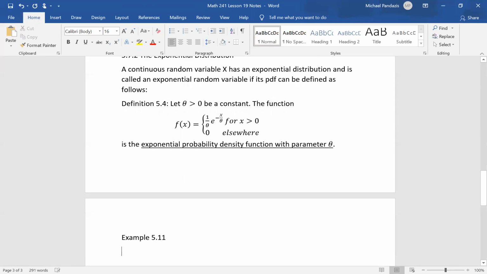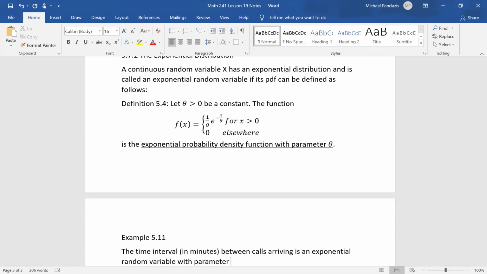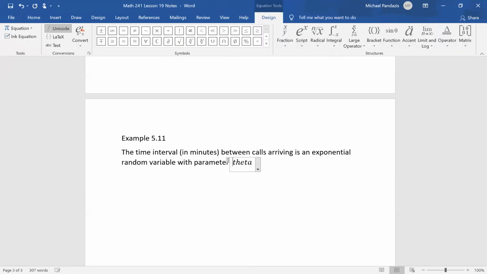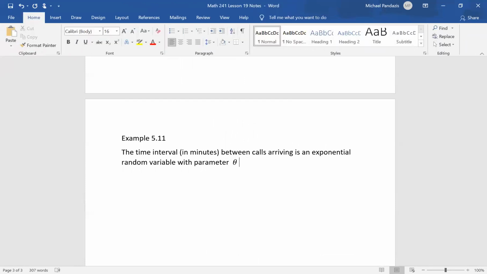So example 5.11. The time interval in minutes between calls arriving is an exponential random variable with parameter theta equal to 0.5.